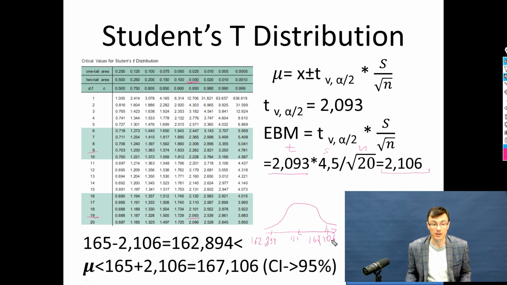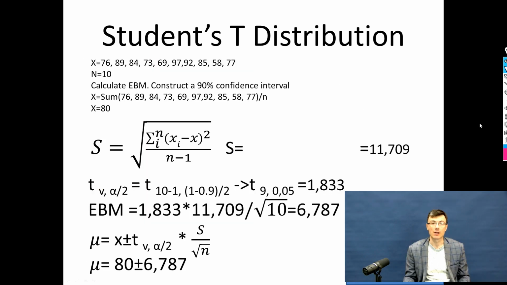Then we have another one. In this example, you have some survey and you get some marks of the students, and you have to construct a 90% confidence interval of your mean and calculate your error or margin error boundaries.